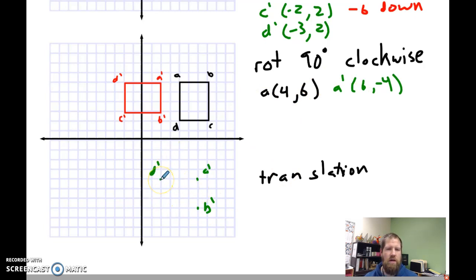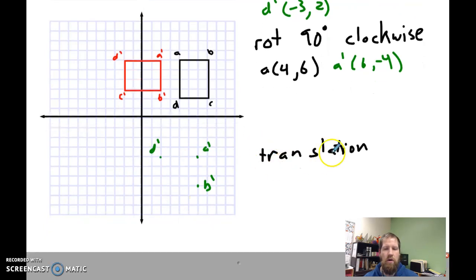So let's just go ahead and count to figure out what my translation was. Okay, so here's my D, oops, this should be double prime. D double prime, A double prime, B and C double prime.